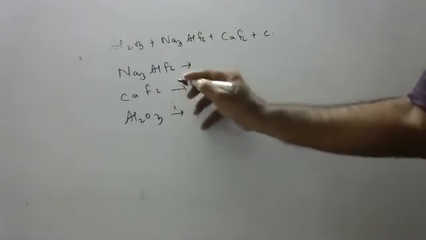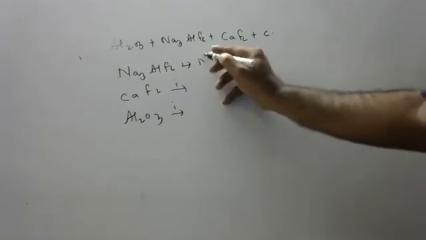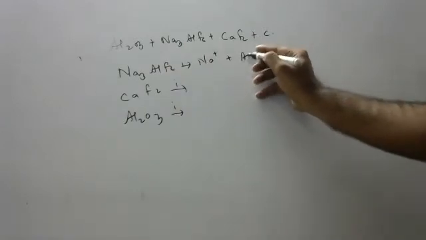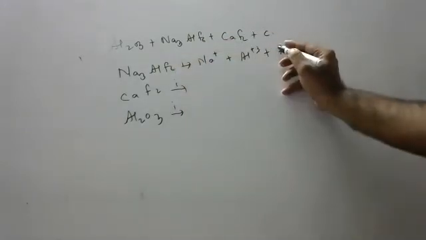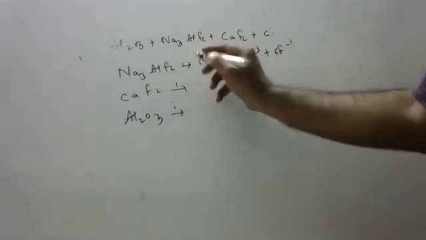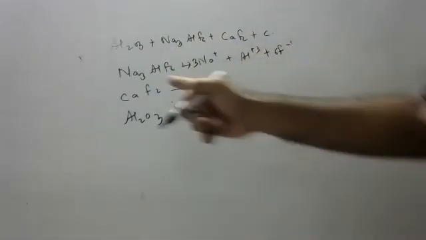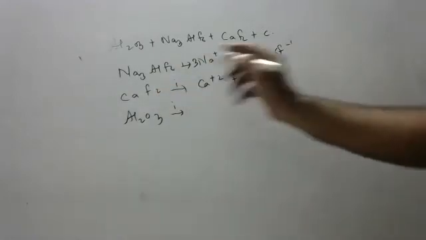When you are passing current, Na3AlF6 decomposes into 3 Na+, Al3+ and 6 F-. Here how many are there? 6. Here how many sodiums are there? 3. On passing current, CaF2 breaks up into Ca2+ and 2 F-. How many fluorines are there? 2.